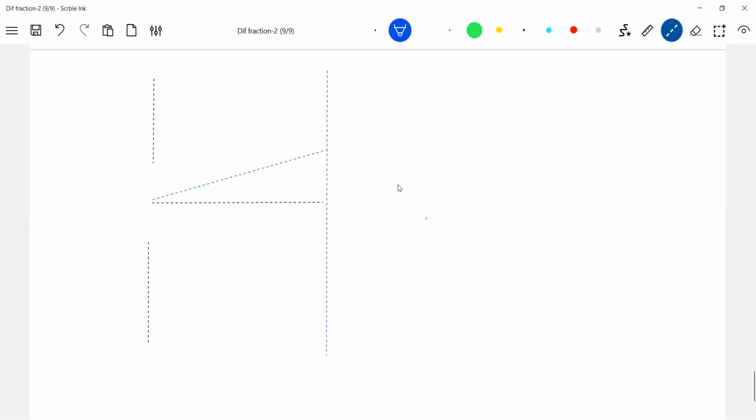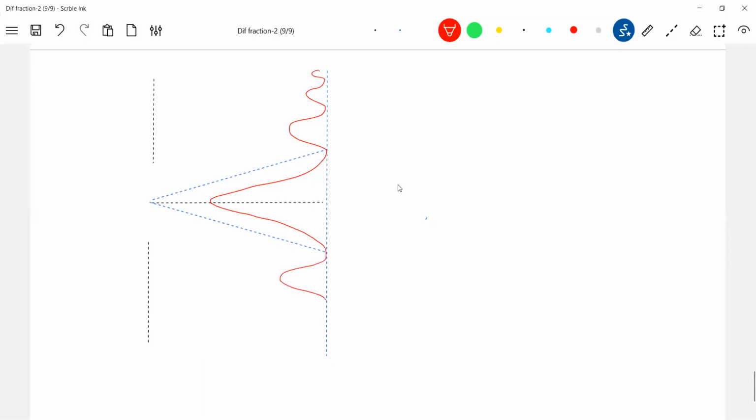Okay, this is the angular width. For the time being, I'll show it in red color. This is the width of the slit.